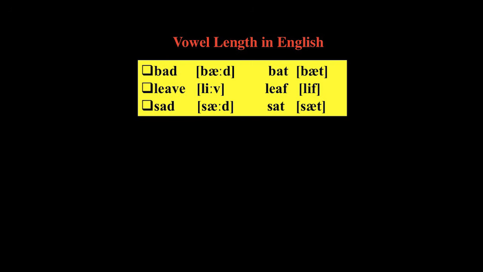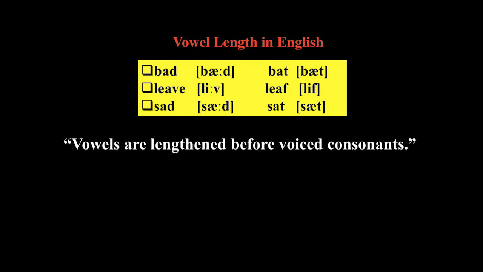So a phonological rule statement must be the following: vowels are lengthened before voiced consonants. When we try to analyze the environment in which lengthening is taking place, we notice that vowels become long or are lengthened whenever they are followed by voiced consonants. So this is exactly the phonological rule statement.